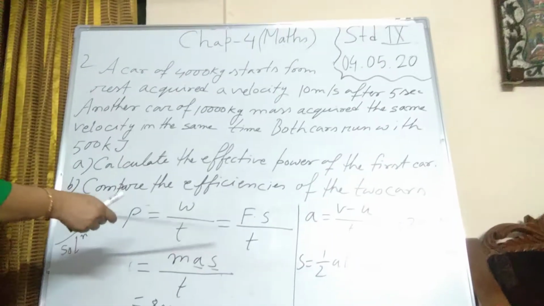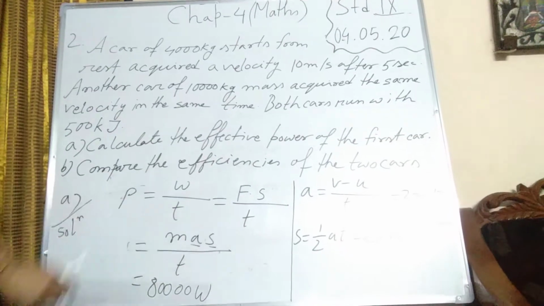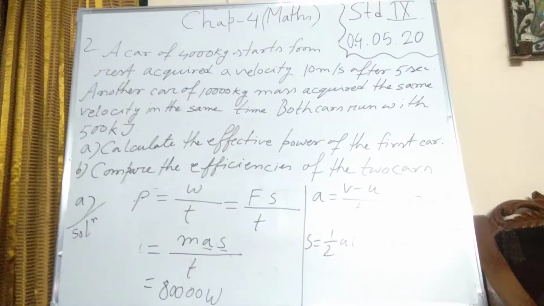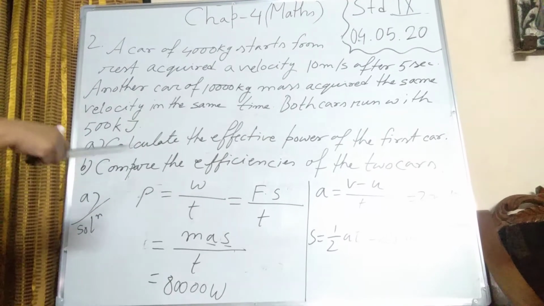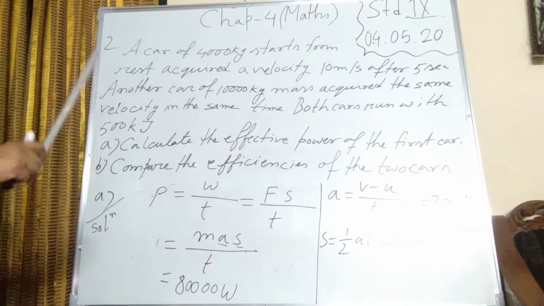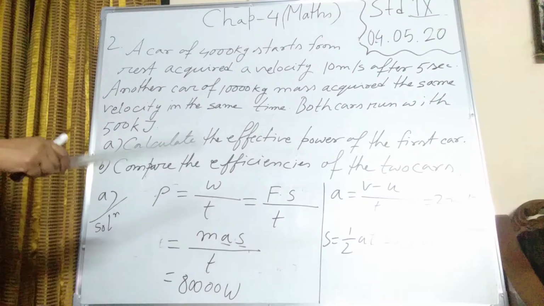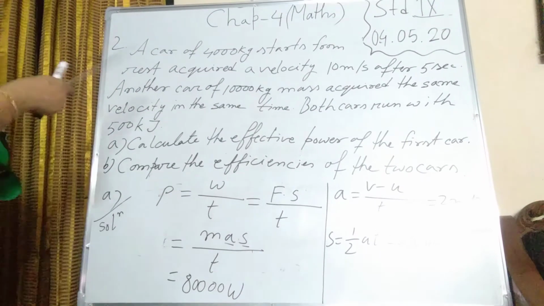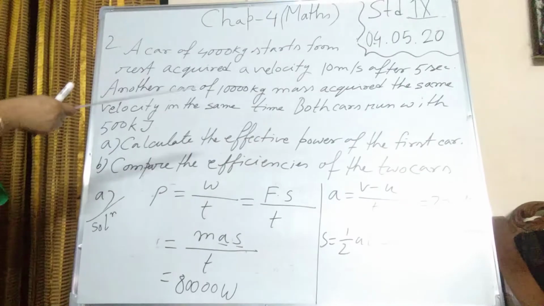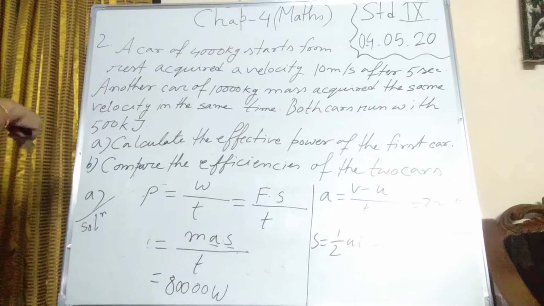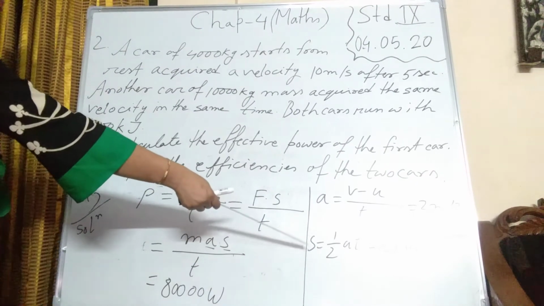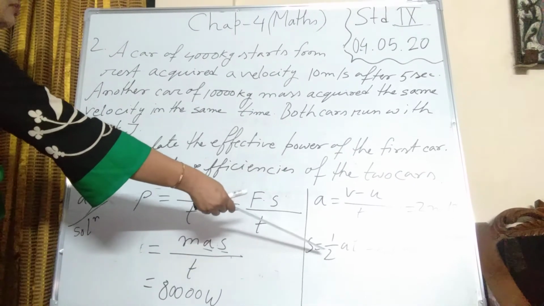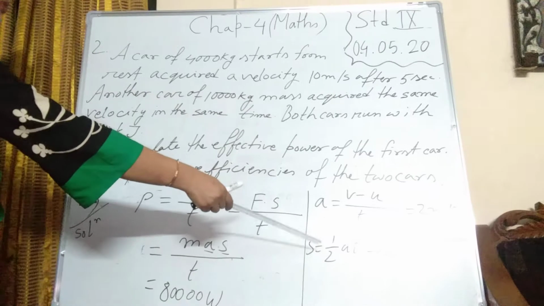Now we also have to find out this quantity s, that means displacement. For finding out displacement, we can use the formula s equals ut plus half at square. You know all this formula. Here ut becomes 0 because initial velocity is 0. The car starts from rest. So s equals half at square.